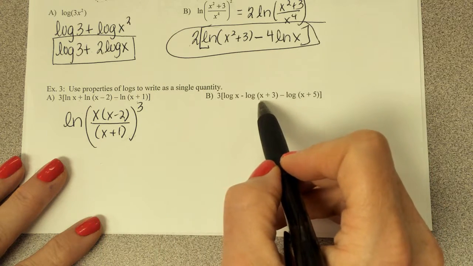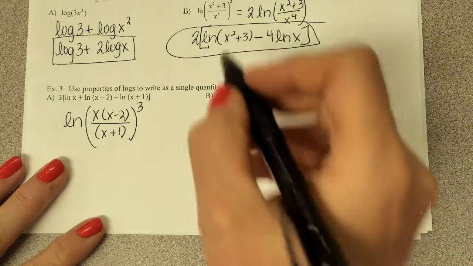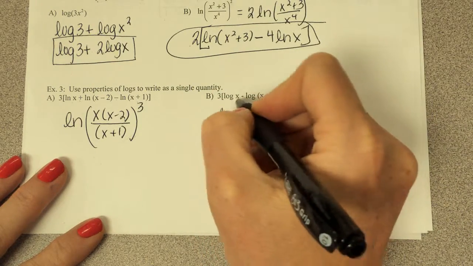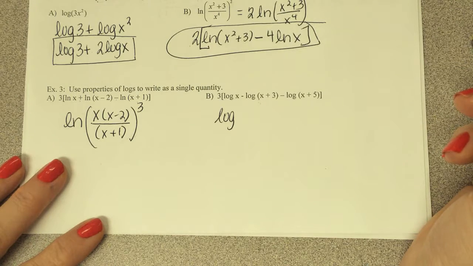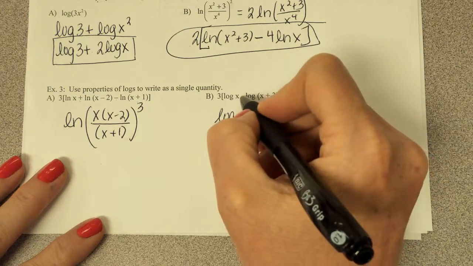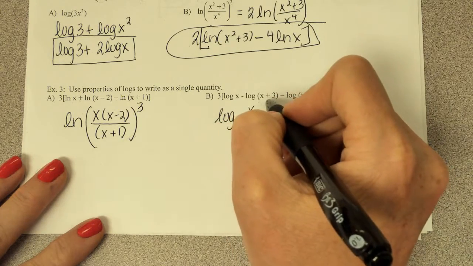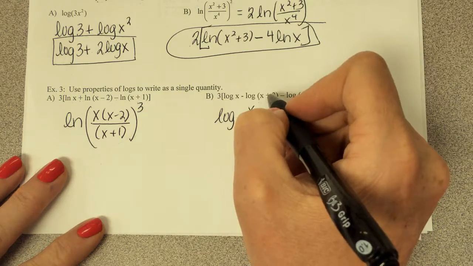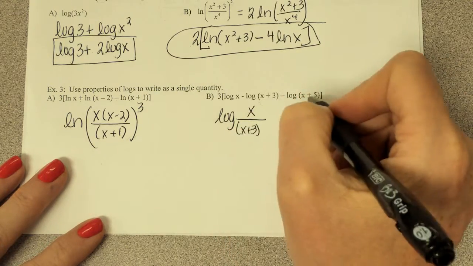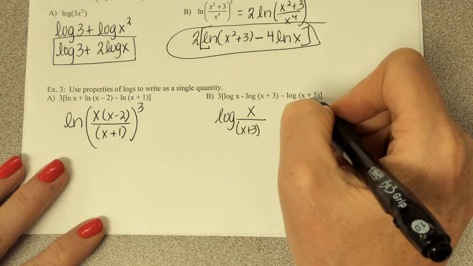All right, this one's kind of similar. Think about it. So we have log. Where does the x go, guys? On top or bottom? Goes on top, doesn't it? This is subtraction. So where does the x plus 3 go? On the bottom. And then where does the x plus 5 go?